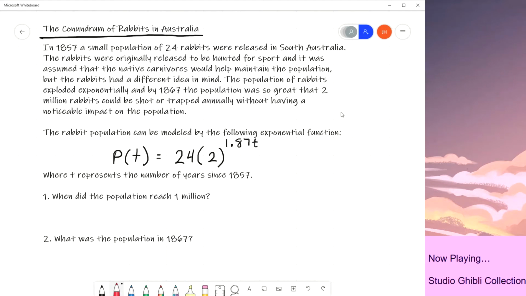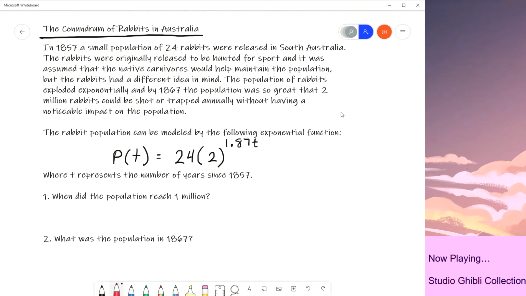And there is a certain saying about rabbits, and it is a saying for a reason. Essentially, the idea is that rabbits tend to have a lot of babies, and they have a lot of babies very frequently.